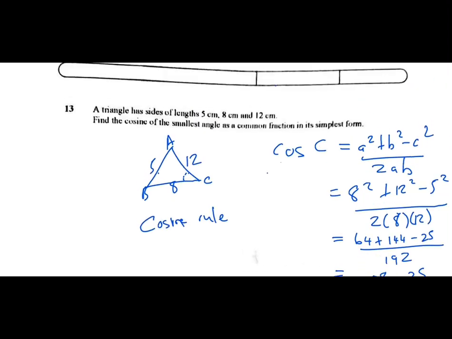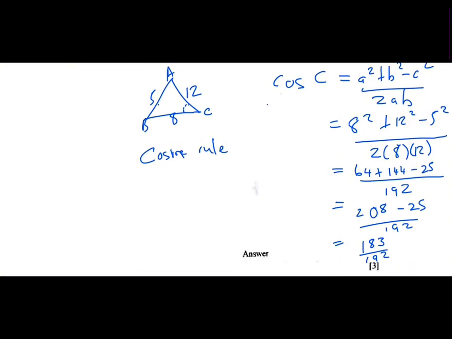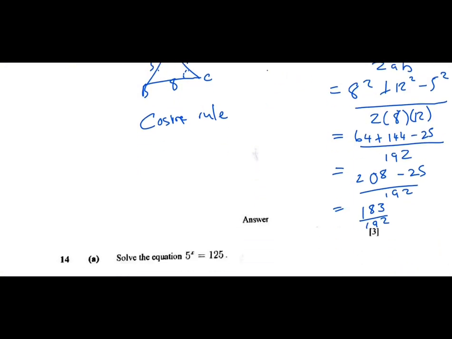We can see that it's divisible by 3 because the question said that we should write it in its lowest form. In order to reduce to the lowest form, we need to find the highest common factor for both 183 and 192. It is always best to start with the small numbers so that you keep dividing until you find the highest common factor. In this case, we divide by 3 over 3. 183 divided by 3, that's 61. And 192 divided by 3, 3 into 19, that's 6, remainder 1, and 3 into 12, that's 4.